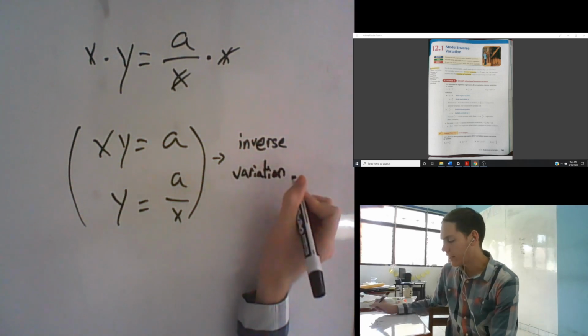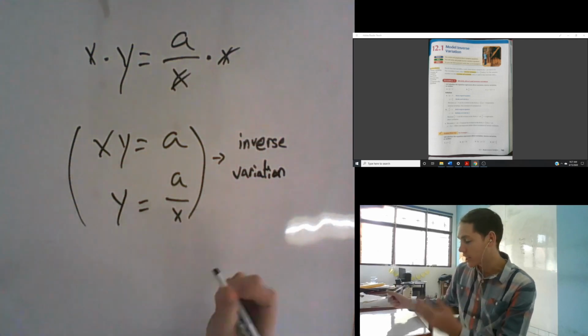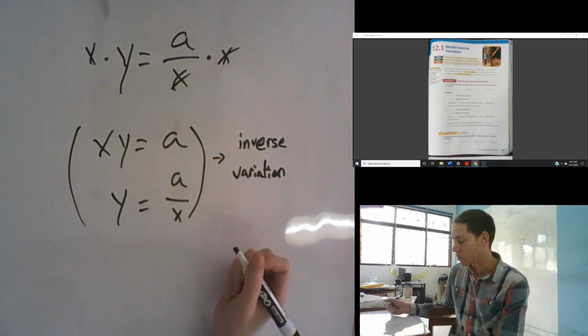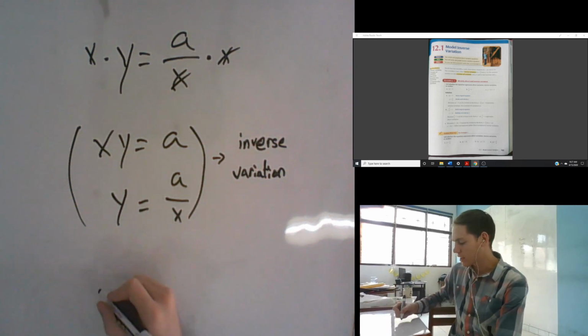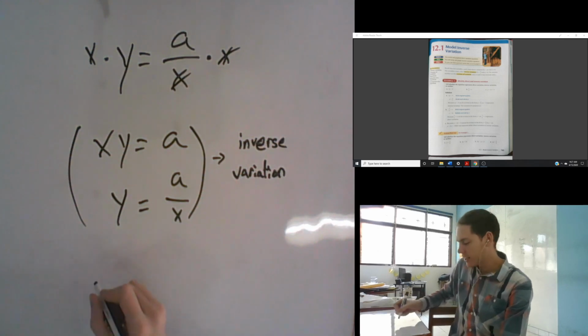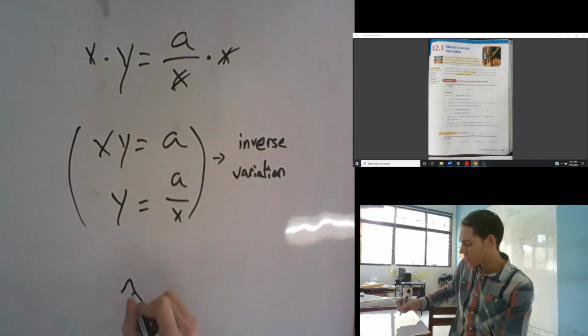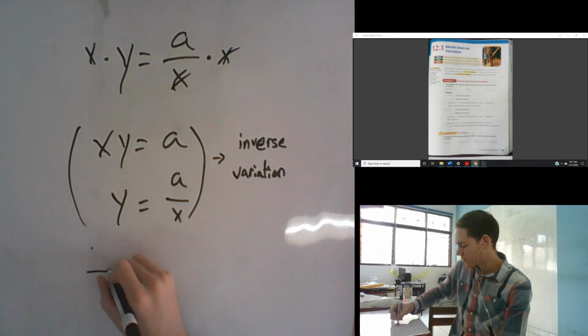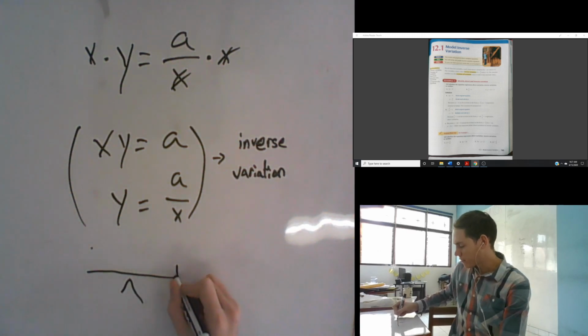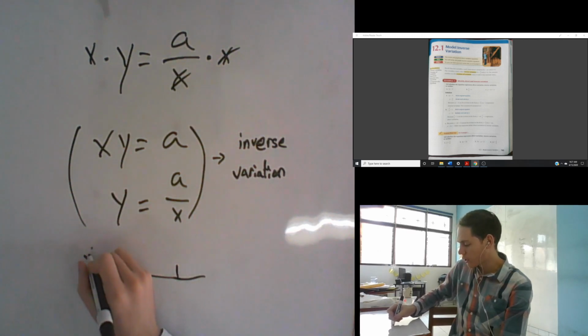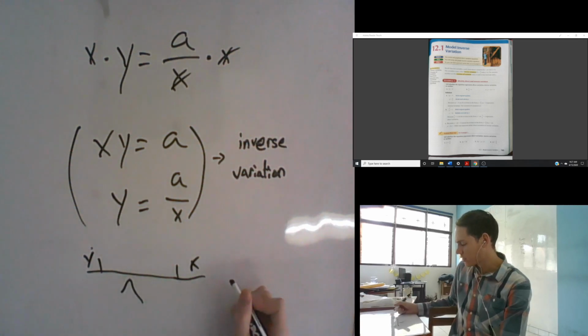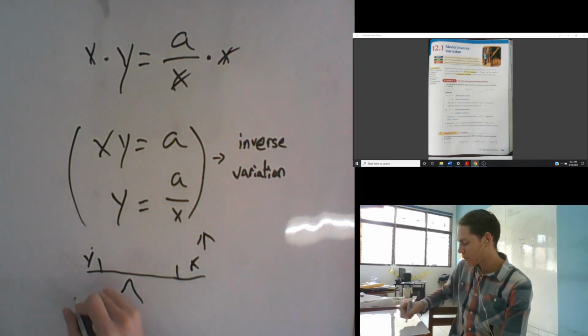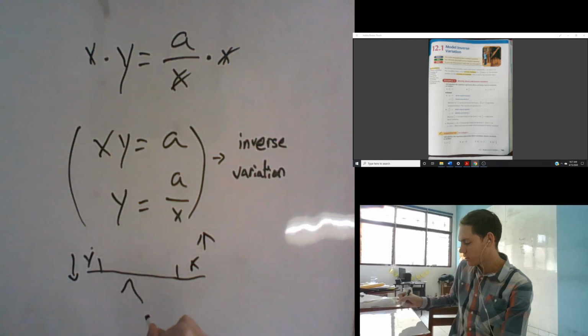And inverse variation means as one goes up, the other has to go smaller. Think of it, inverse variation is basically a seesaw. You've got your y over here and your x over here. As x goes up, y has to go down.